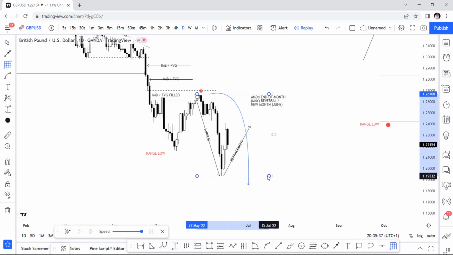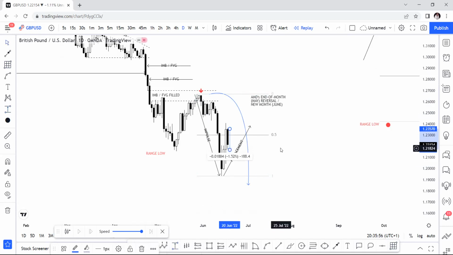We can imagine we got almost about there. How many pips down? Because there was a retracement above 50, above the midpoint. You can see it, almost 188 pips there, selling down above this midpoint.